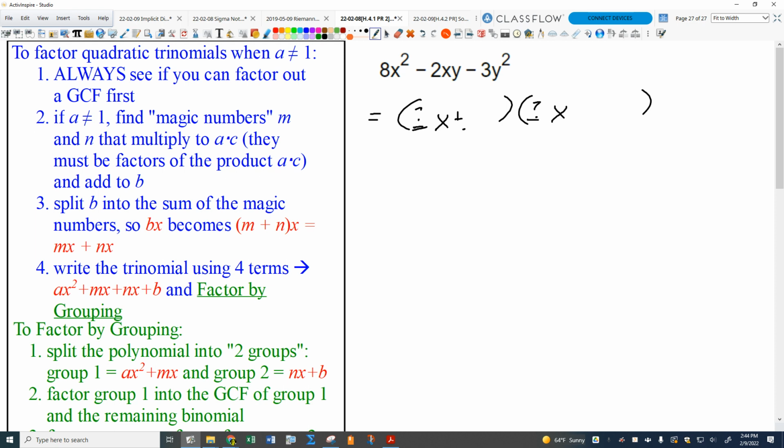So I'm going to get some number times y plus some number times y. And I have to just figure out what are those 4 missing numbers, agreed? Okay? So then if those are my templates, I can go about this the same way I did before. I just need to find what are the magic numbers that are going to multiply to 8 times negative 3. Okay, we'll finish this up tomorrow.